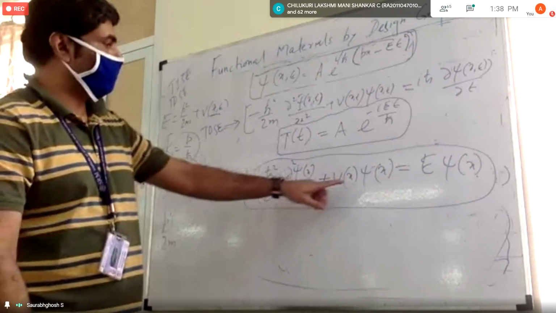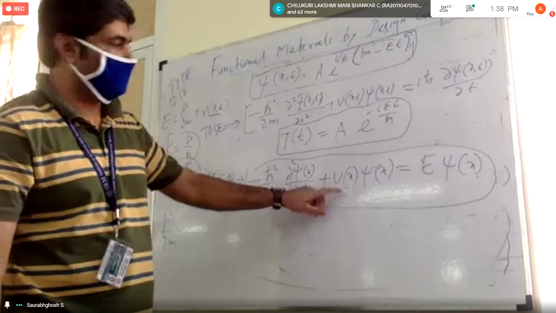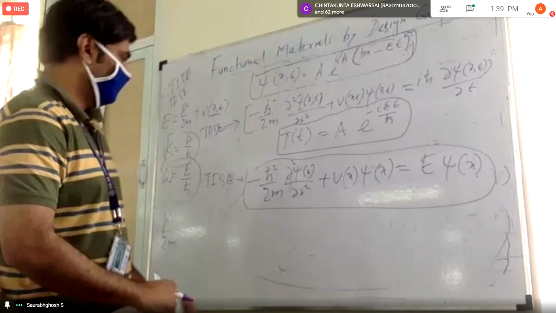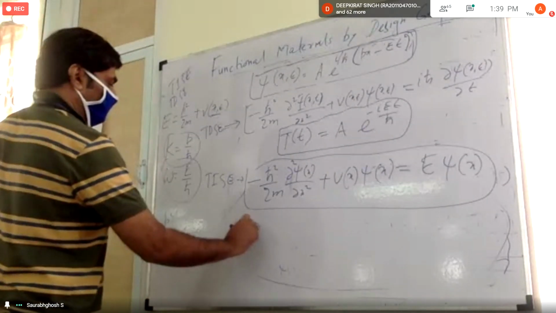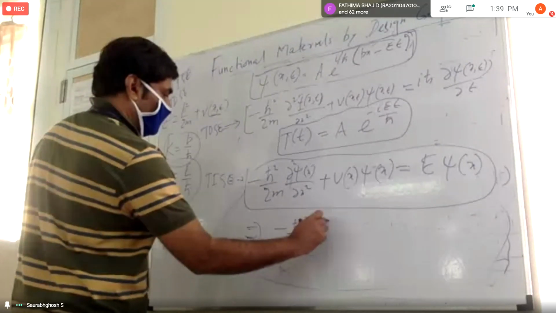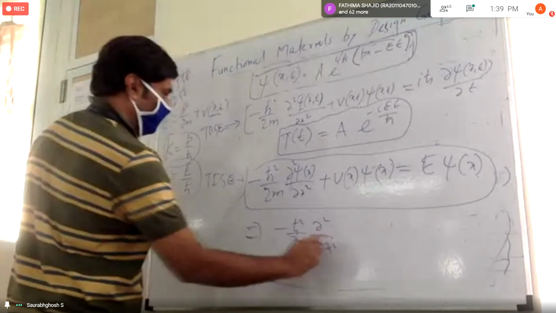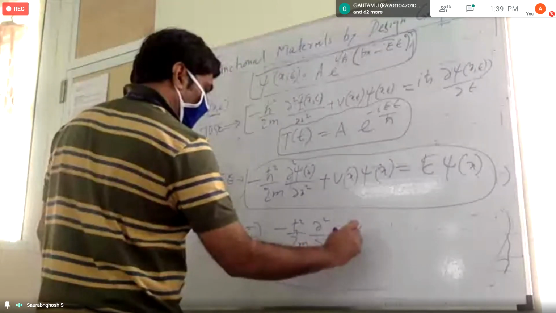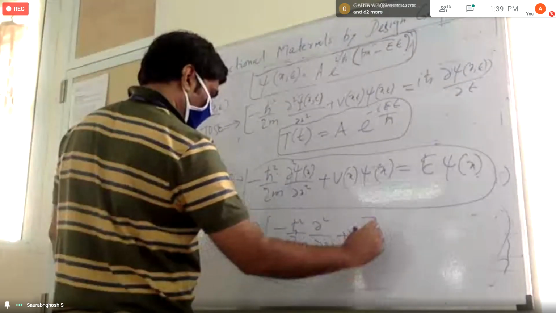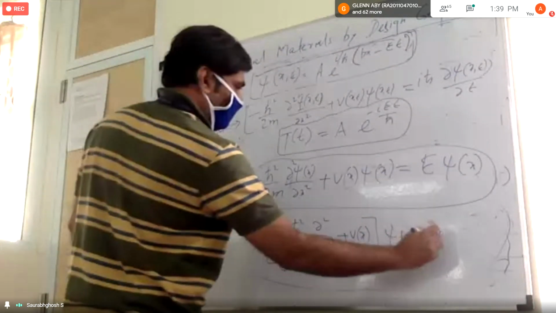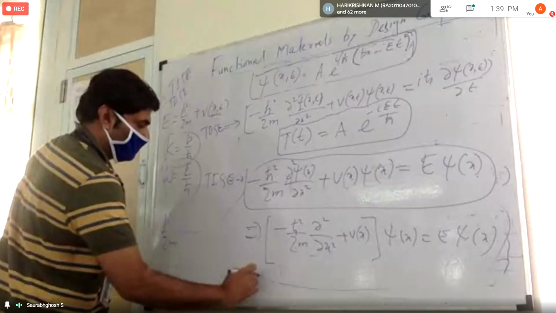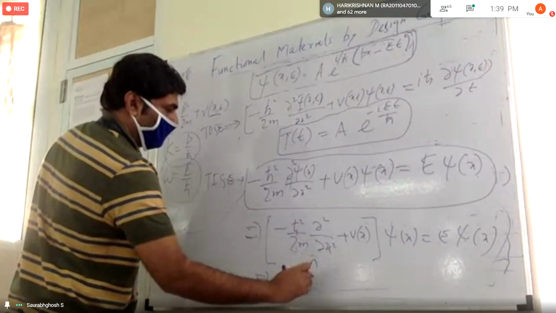So you have to solve this wave equation. You have to solve the boundary condition to get this psi. It can also be written as minus h square by 2m del square by del x square plus V of x, psi of x is equal to E psi. This is called the Hamiltonian of the system, the operator.